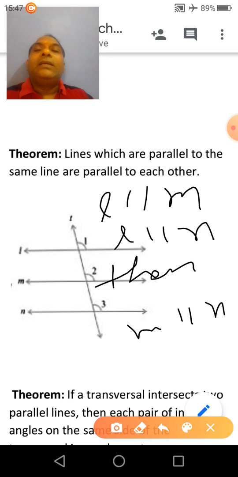It means lines which are parallel to the same line are parallel to each other. You can say that if line M is parallel to L and line N is also parallel to L, then you can say that line M will be parallel to N.